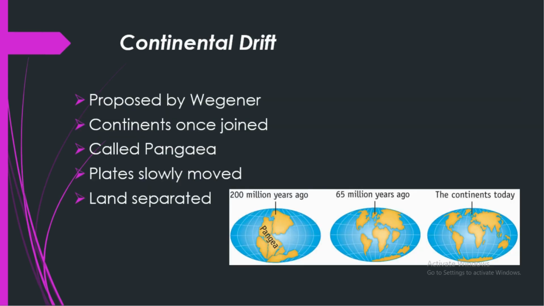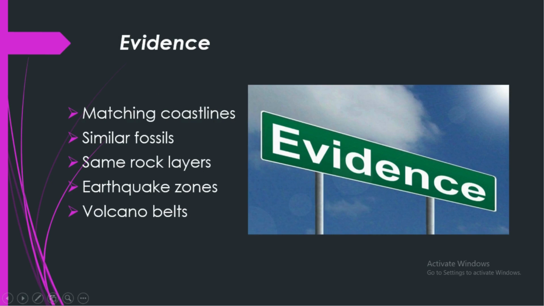For example, it was proposed by Wegener, who said the continents were once joined, called Pangaea, and the plates slowly moved and the lands separated from each other. What is the evidence? For example, matching coastlines, similar fossils, same rock layers, and earthquake zones and volcano belts are observed.